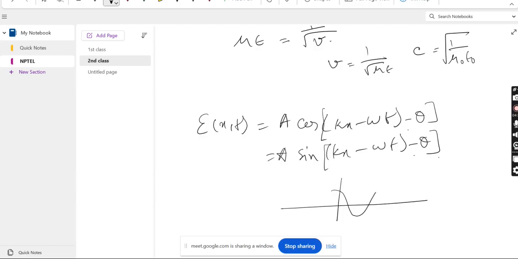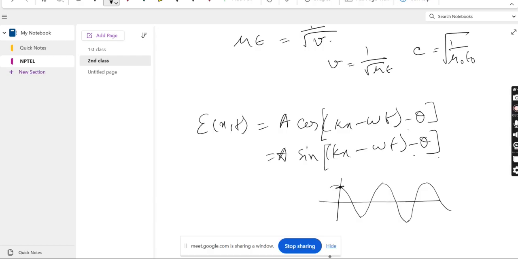Initially the cos curve is like this, that at kx minus omega t equal to 0 we will have maxima.